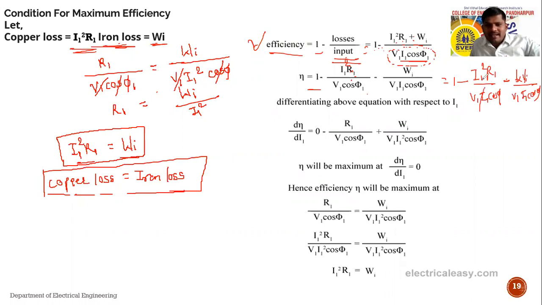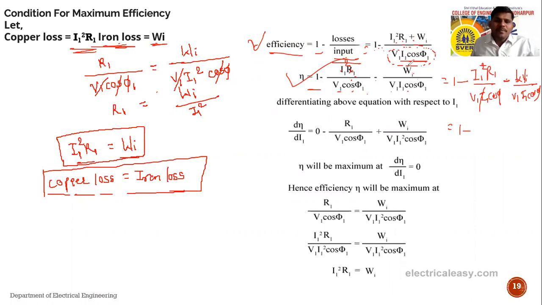The I1 in the numerator and one I1 in the denominator cancel. The remaining term is 1 minus I1 R1 divided by V1 cos phi 1 minus Wi divided by V1 I1 cos phi 1.